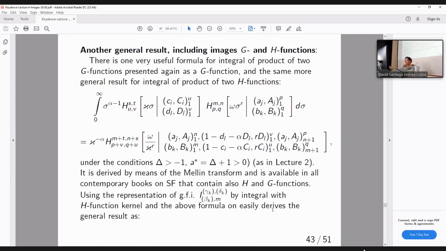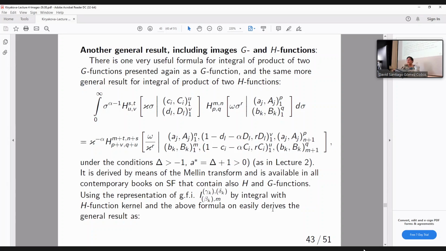If you cannot identify the special function as part of Mittag-Leffler functions or Wright functions, well, this function is generally an H function. But in all books on G and H functions, there is the Mellin transform formula that gives a result like this, that the integral of the product of two arbitrary H functions is another H function.